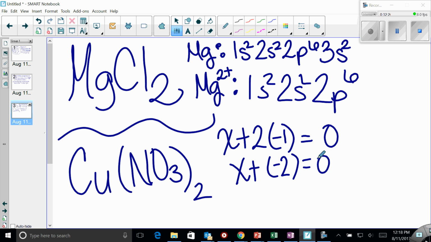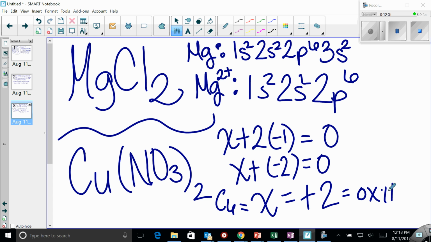So what's x? Positive or negative? Positive, because let's bring it over. X equals plus 2. That's Cu in its oxidized state. So you're going to have to use your ion chart. Does that make sense? Can we do another one?